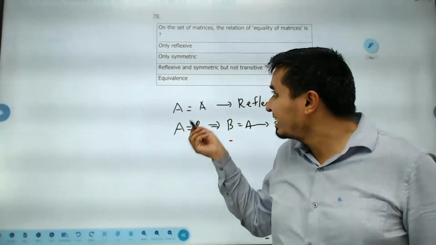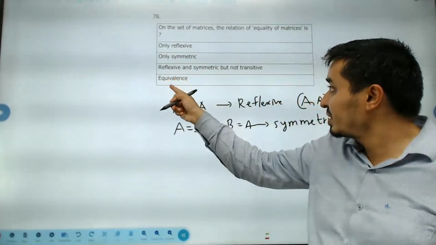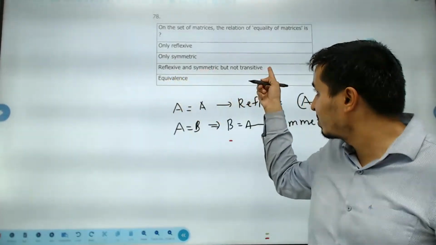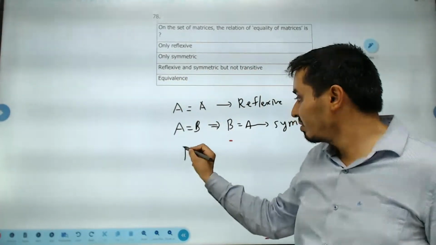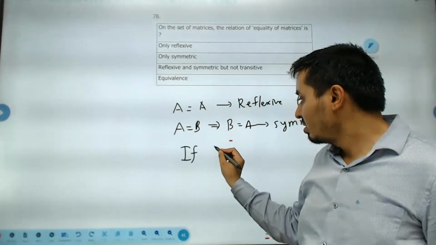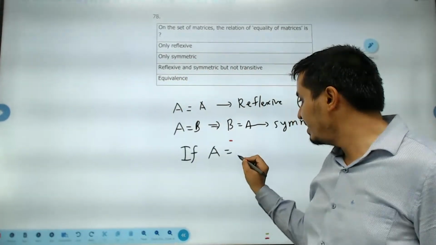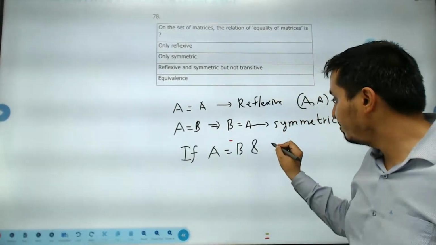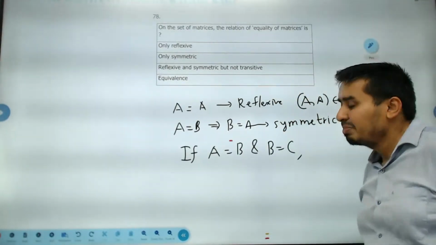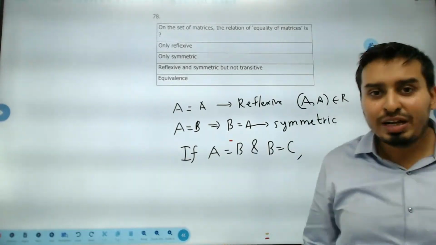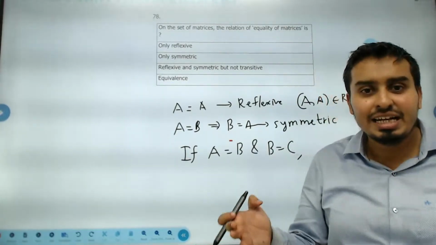Now, transitive, let's talk about, because there's an option here regarding equivalence and there's an option here also, not transitive. So let's see whether it's transitive or not. Now, if A is equal to B and B is equal to C, then will A be equal to C? Basically, when you say matrix A is equal to matrix B, it means that A and B are identical.